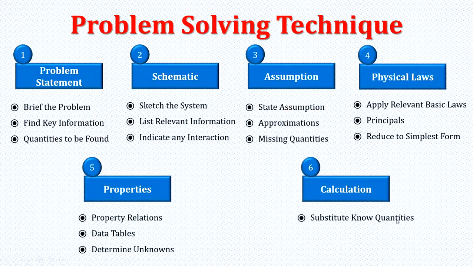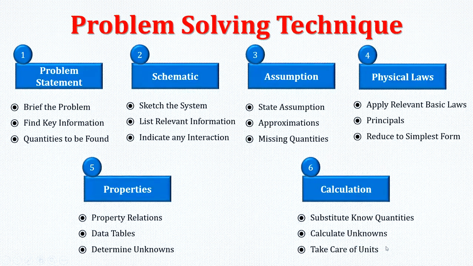That will give us the unknowns, right? But one care should be taken, that units should be properly handled, because we can't add bananas with apples, right? So units are very much important and should be carefully handled while solving problems in engineering. So we'll try to apply this to simple numericals.